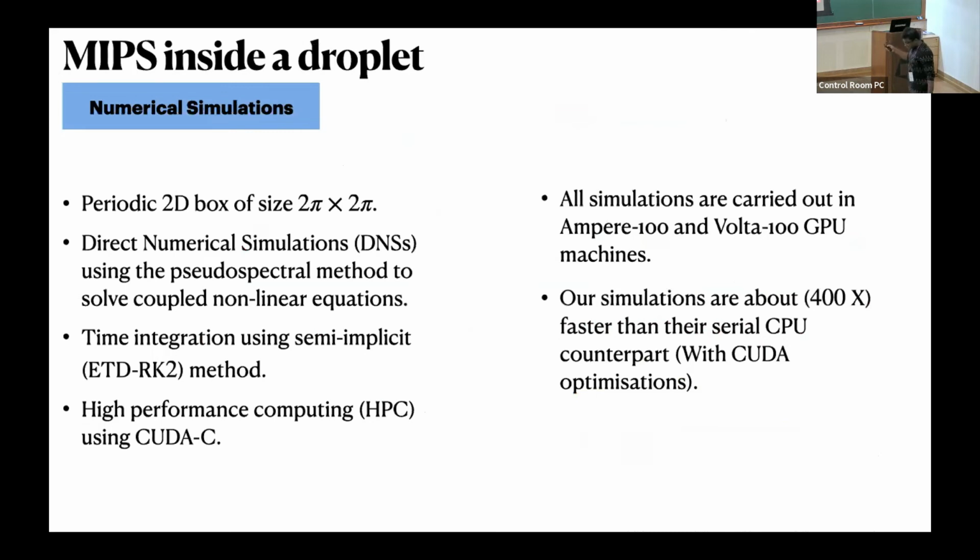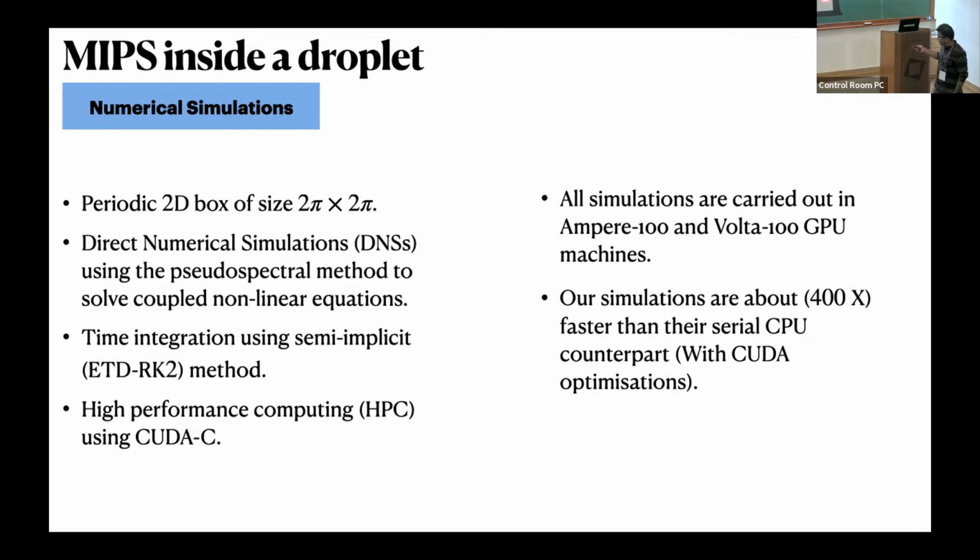We are going to solve all these three nonlinear equations using numerical methods. We start from a box size of 2 pi by 2 pi, and we do direct numerical simulation. We don't do any approximation to the equations; we directly solve them. We use a pseudo-spectral method to solve these equations, and for time integration, we use a semi-implicit exponential time differencing RK2 method.